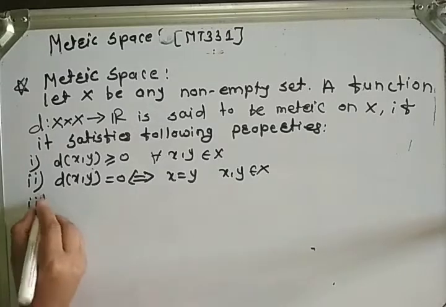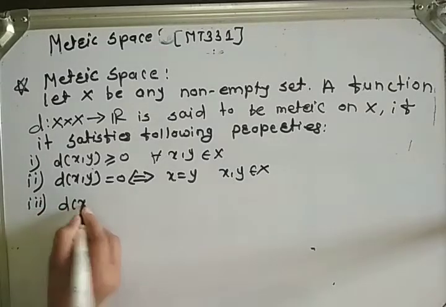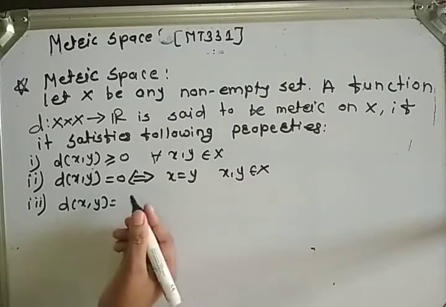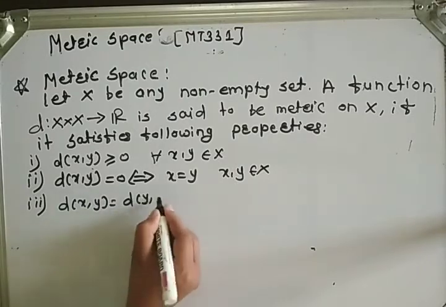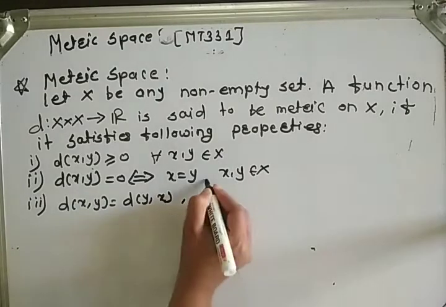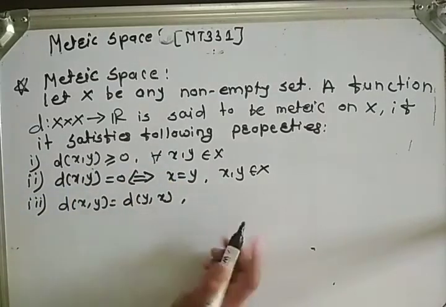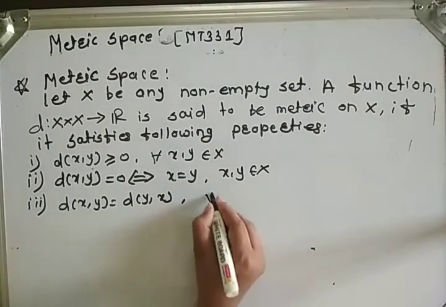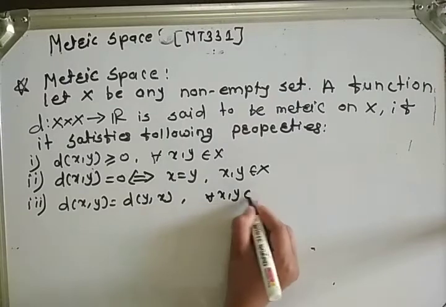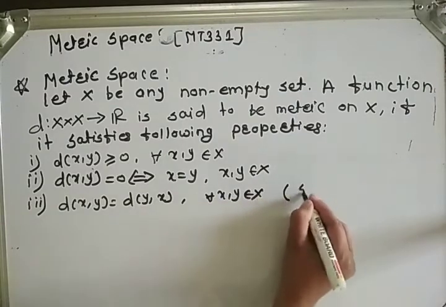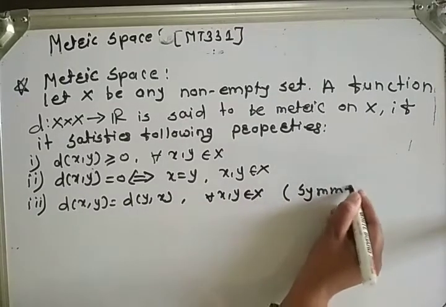The third property is d of x comma y is equal to d of y comma x for all x comma y belonging to capital X. This property is called symmetry.